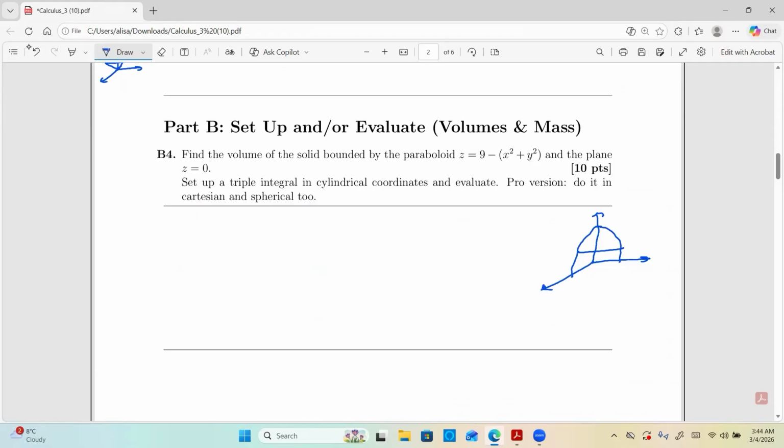So we've got to set up a triple integral, and we're going to begin with dz, and we're going to apply polar coordinates on the xy plane. So r dr d theta.